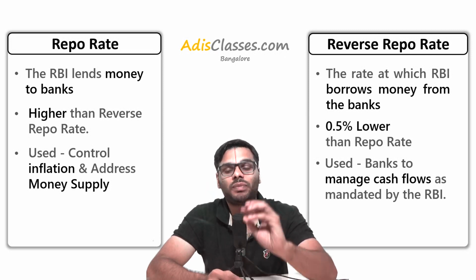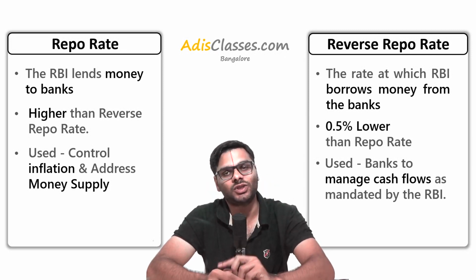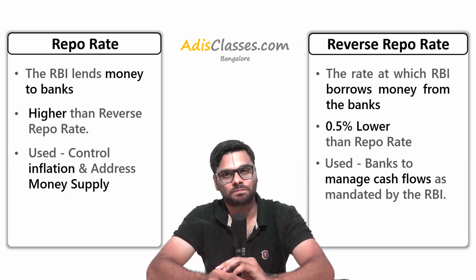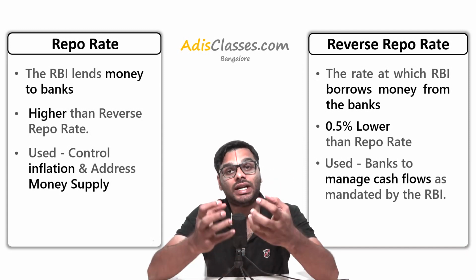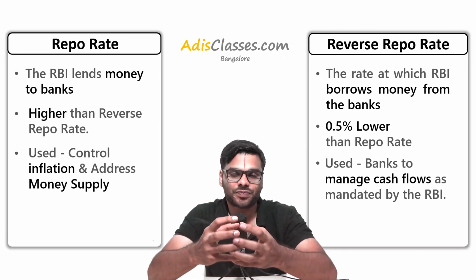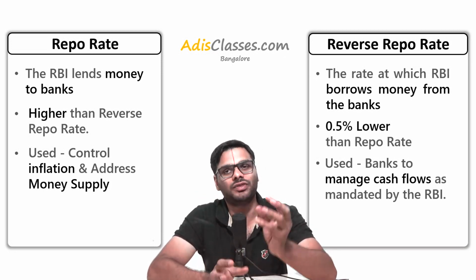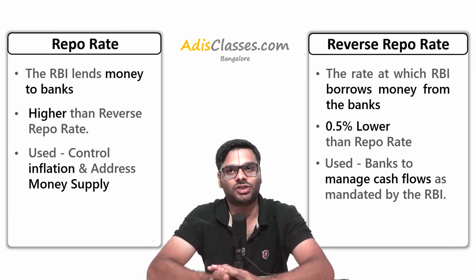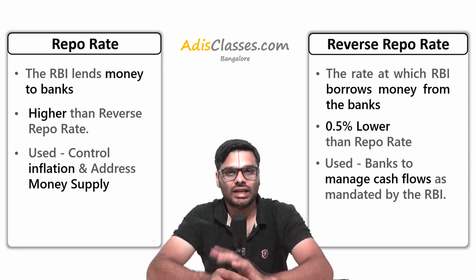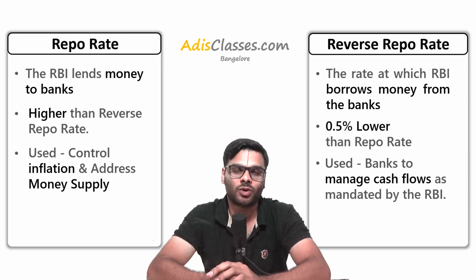Reverse repo is used by the banks to manage their cash flows as mandated by the RBI. RBI has certain guidelines saying that banks have to maintain a certain amount of cash at all times. So we have two different ratios for that: cash reserve ratio and statutory liquidity ratio. We'll come to that in the videos further along in the course.